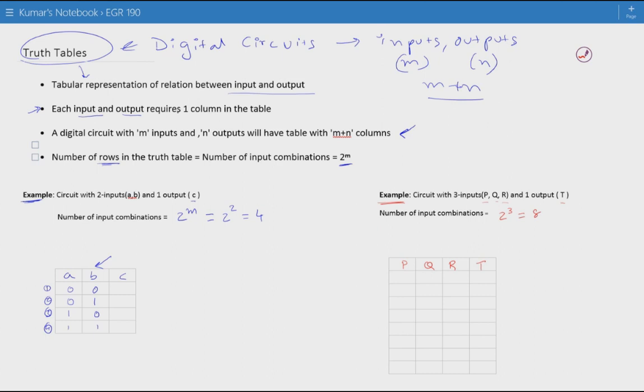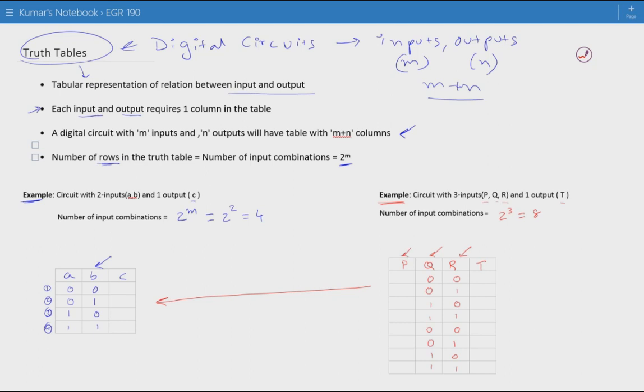Just like the example on the left side, we go with the rightmost and start with 0, 1, 0, 1, 0, 1, 0, 1. Now move to the next left bit, Q: do 2 zeros, 2 ones. Follow the same thing, 2 zeros, 2 ones, and go to the next one.